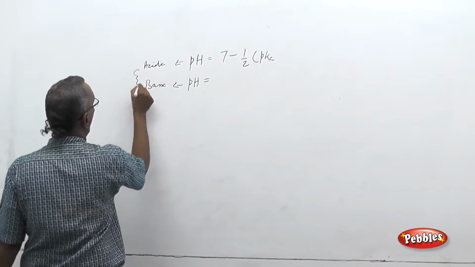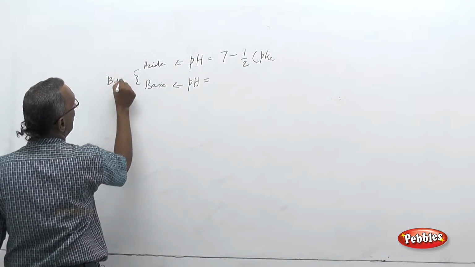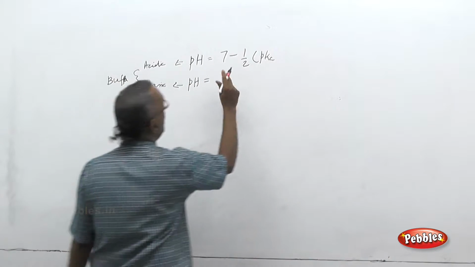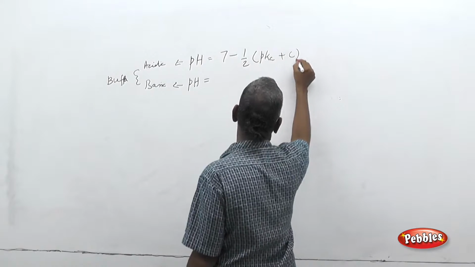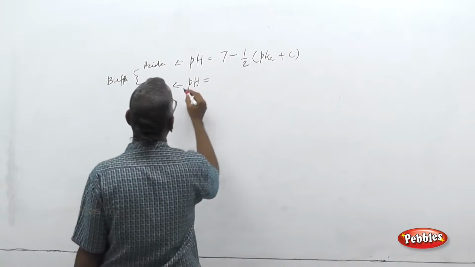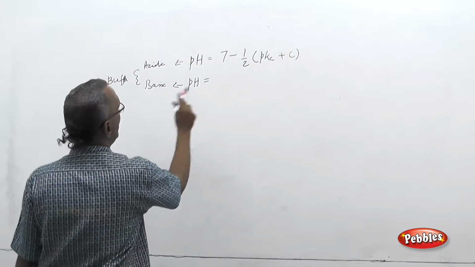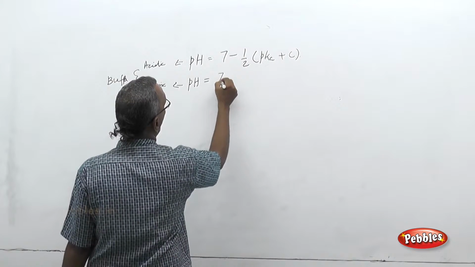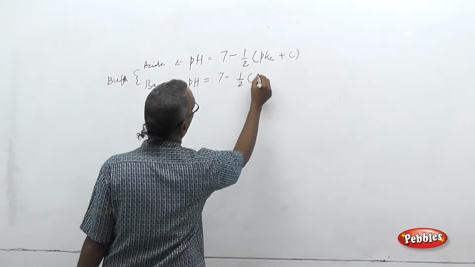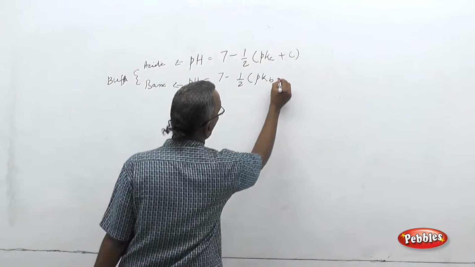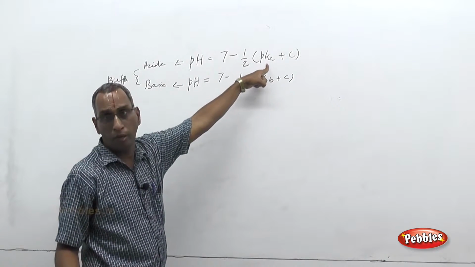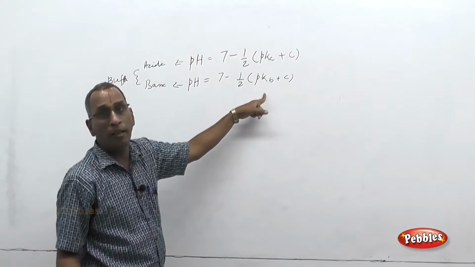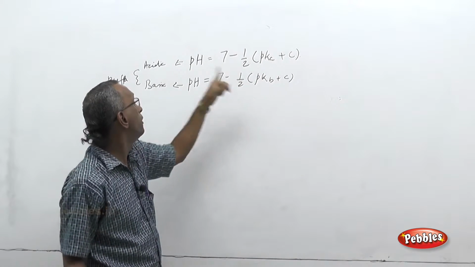The pH of an acidic buffer is given by 7 minus pKa plus the log of the concentration of acid. Or in other words, the pH of a basic buffer is 7 minus pKb plus the log of the concentration of base. Ka is the dissociation constant of the acid. Kb is the dissociation constant of the base.